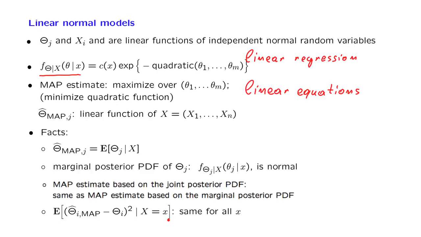So to summarize, this class of models that involve linear relations and normal random variables have a rich set of important and elegant properties. This is one of the reasons why these models are used very much in practice, and they're probably the most widely used class of statistical models.